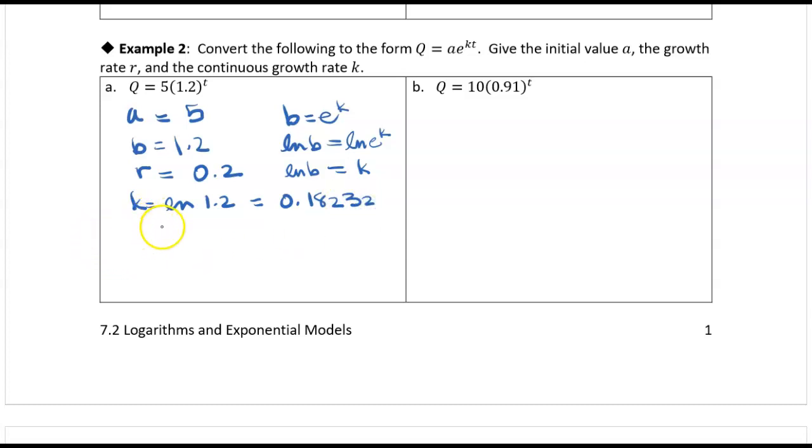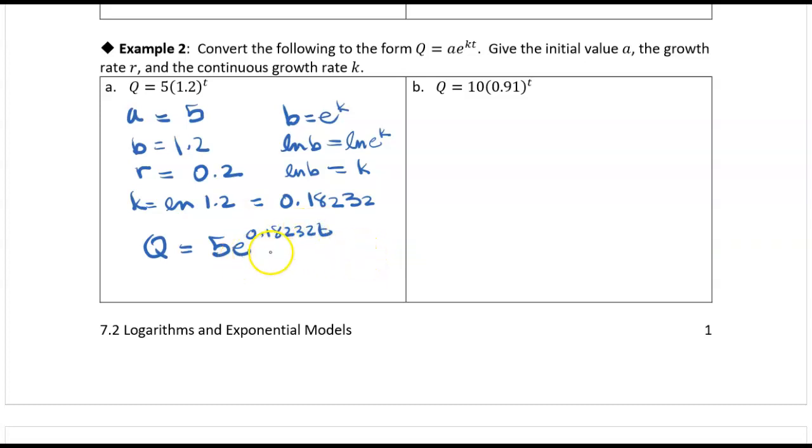All right, so if I want to write the model in this a e to the kt form, we have 5e to the 0.18232t. Okay, so that's our model.